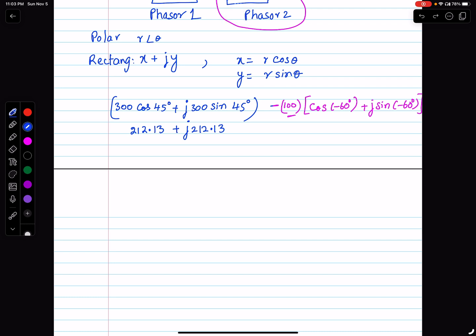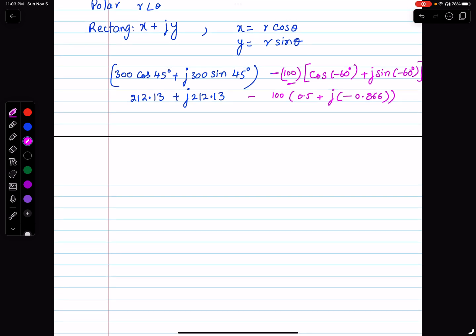Similarly, negative 100 times cosine of negative 60 is half plus j times 0.866. Don't forget the negative sign, negative 0.866. Okay, so we can simplify this.